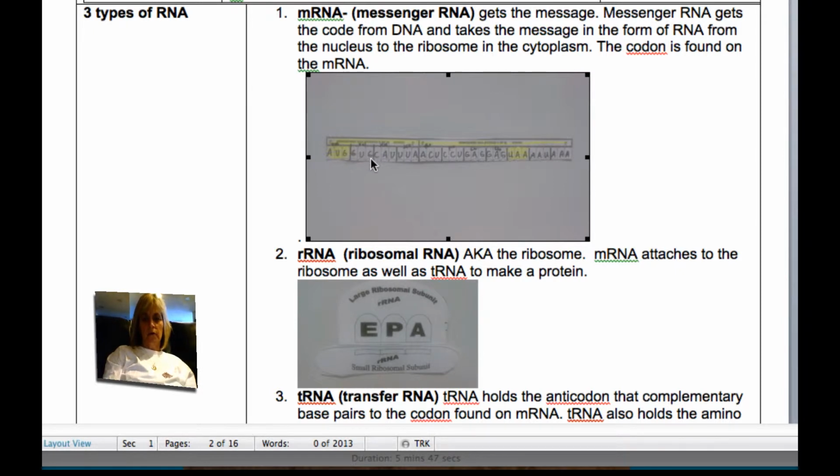DNA stays in the nucleus because it's bigger, being double-stranded, while RNA is single-stranded, so RNA can actually get out of the nucleus.